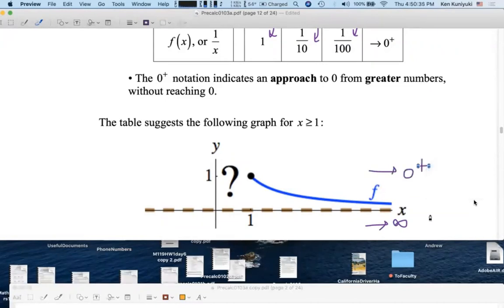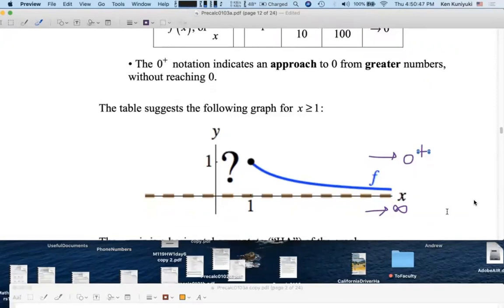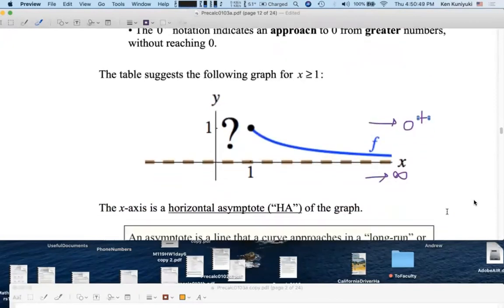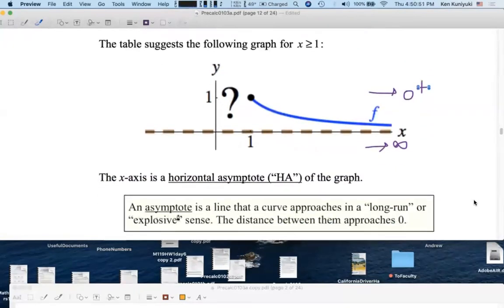Notice that the x-axis is a line that the graph approaches in the long run. We call the x-axis an HA. What does HA stand for? It's a horizontal asymptote. In general, an asymptote is a line that a curve or graph approaches in either a long run or explosive sense.